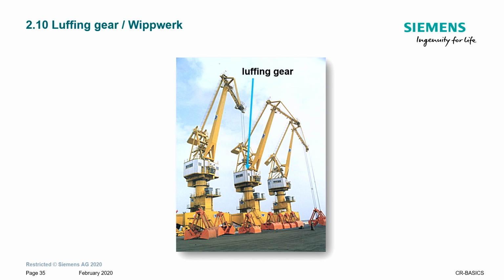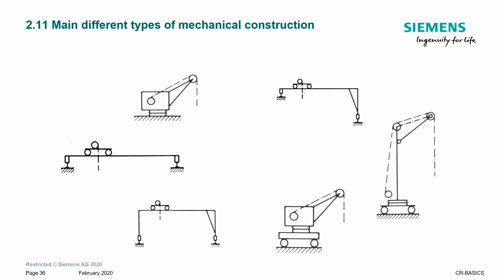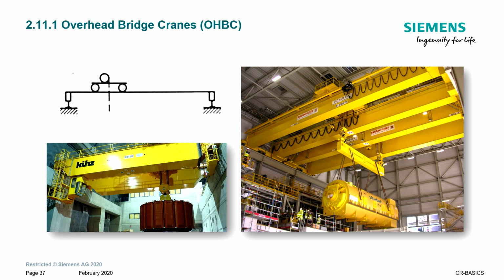What we also want to show you now are the main different types of mechanical construction. Therefore we start with overhead bridge cranes. Here two examples, one in a turbine hall with tandem movement of 2 cranes, and one crane in a power plant, and the mechanical symbol would be this, if you find this somewhere.